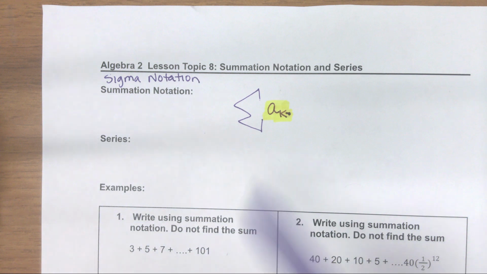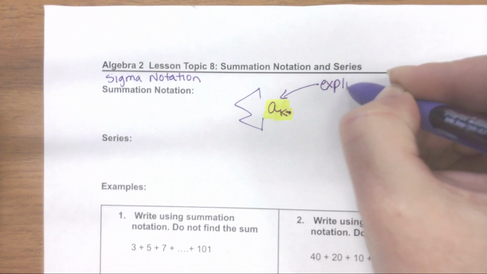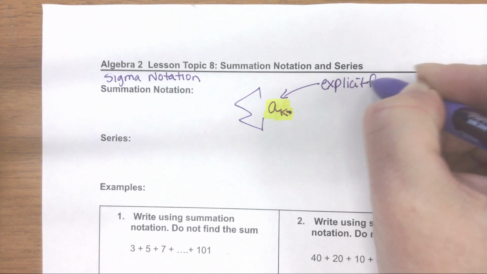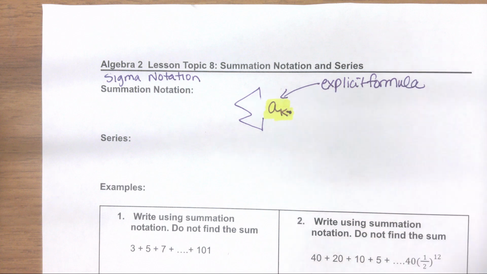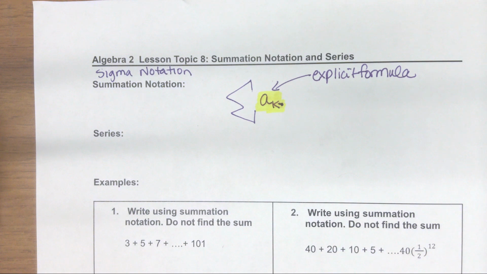So what is this? This is going to be an explicit formula, just the A sub k part. If you're wondering what that looks like, look down at the bottom at examples 3 and 4. In 3 it's n squared plus 1, and in 4 it's 3k minus 2. That formula tells you how to find terms.